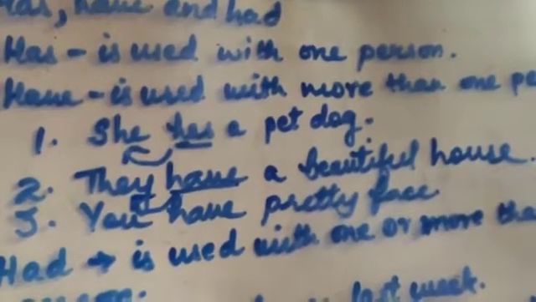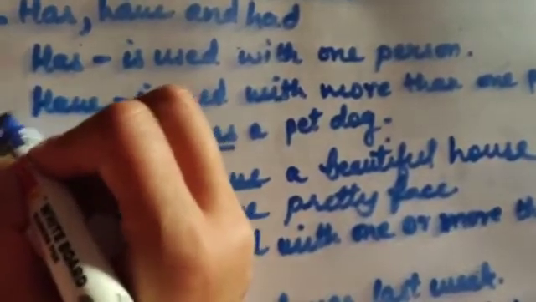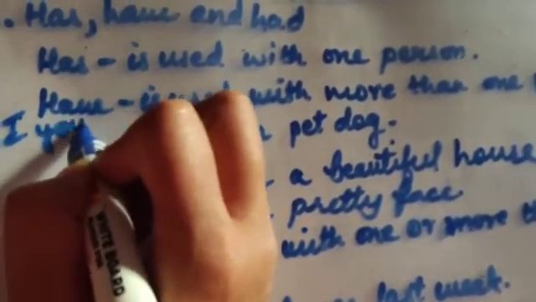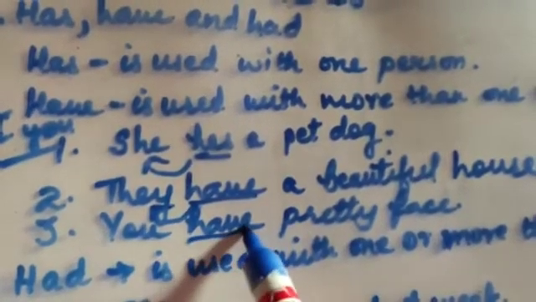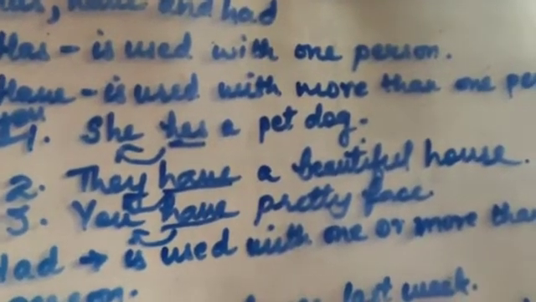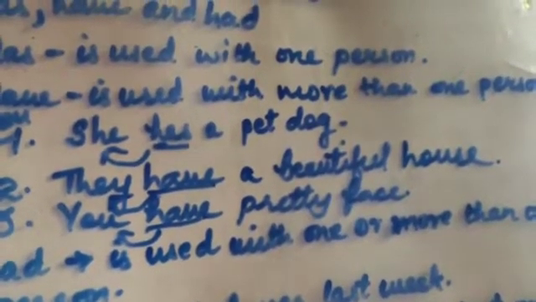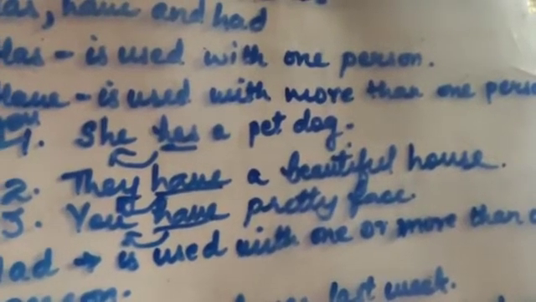Okay, we cannot use has with I and you. So I and you are used with have only. Okay, so you have a pretty face. Now you can see I have used have with you because you can be one person or more than one person. Okay, so have is used with you and I.